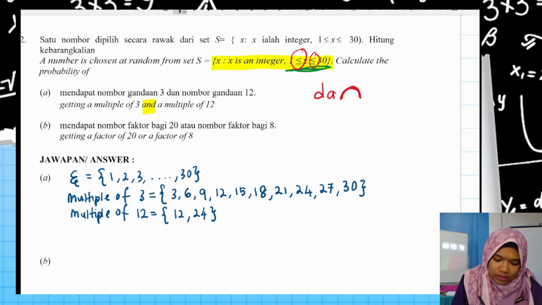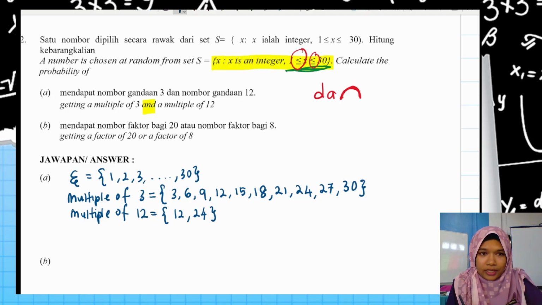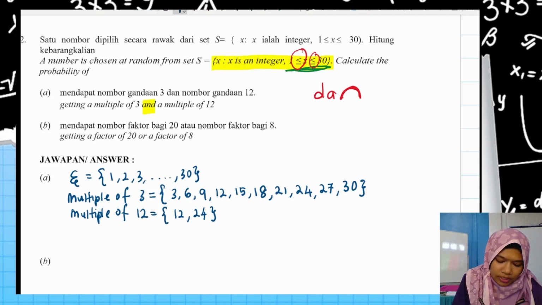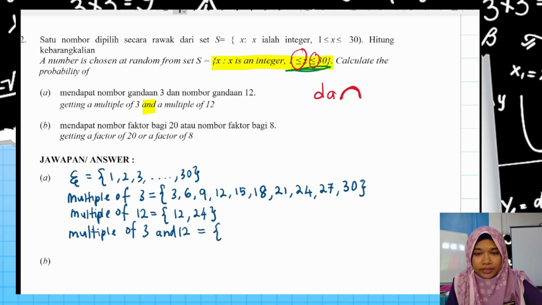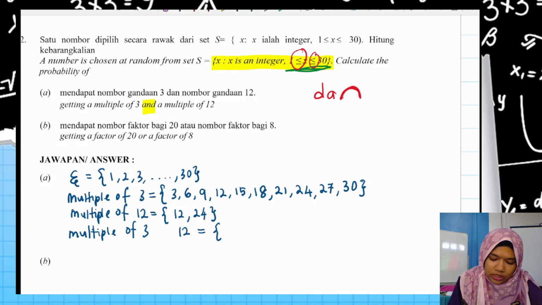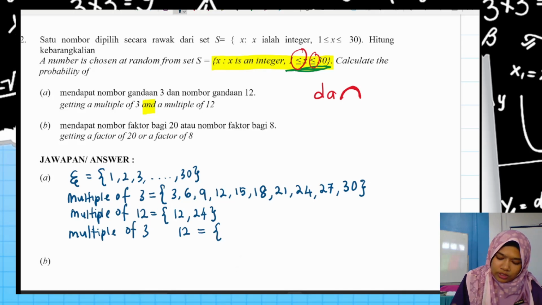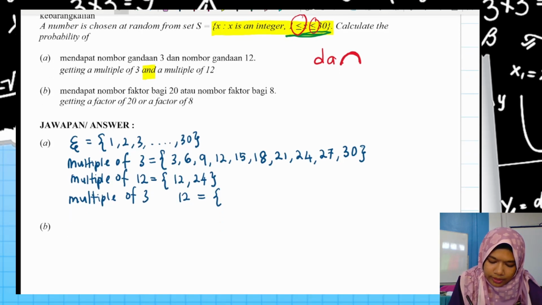So for the question, multiples of 3 and 12 is the common multiples of 3 and 12, which means intersection.